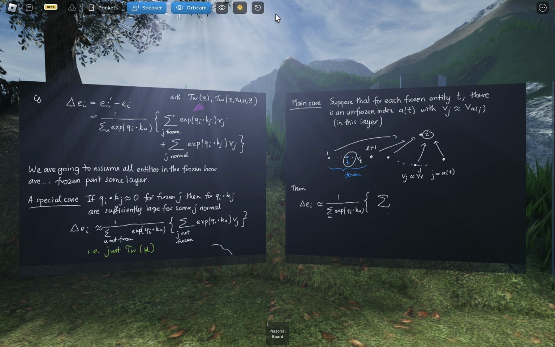So now it's a sum over j normal, the original coefficient, plus a bunch of new stuff. This is all the t frozen who want to be friends with j. So at is j. Okay, and that's all times vj. Close bracket. I hope that's multiplied at the end there.